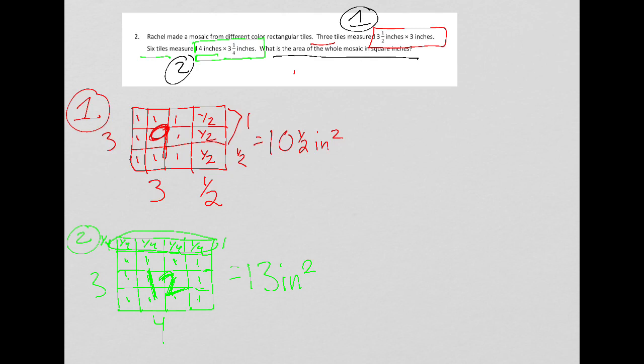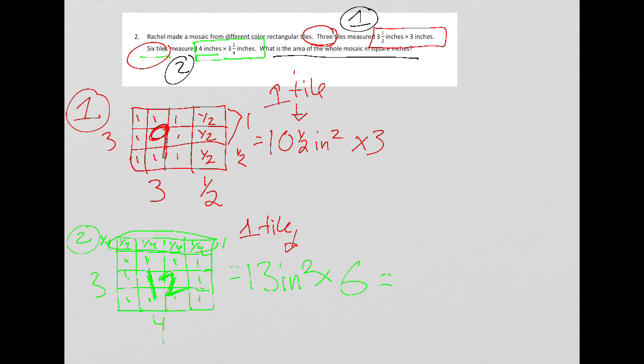Now we have to go back and look at our problem, because the problem tells us that we have 3 of these number 1 tiles and 6 of these type 2 tiles. So this area that we found is for 1 tile, right? 1 tile. But I need multiples now. So I need to times this by 3, and I need to times this by 6.